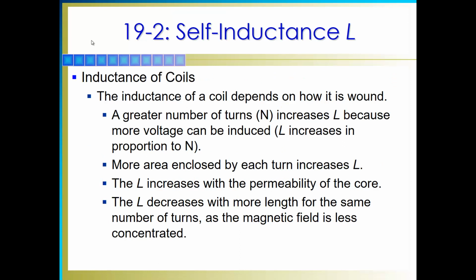Another area that we need to look at is something that's called inductance of coils. The inductance of a coil depends on how it is wound, okay? And when you have a coil, the amount of inductance that you're going to be inducing from this coil on other coils nearby or other conductors will be based on the number of turns of the conductor around the coil. It depends on the area enclosed by each turn.